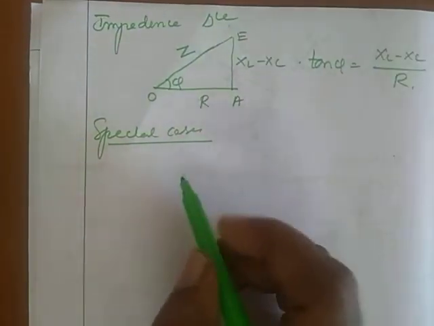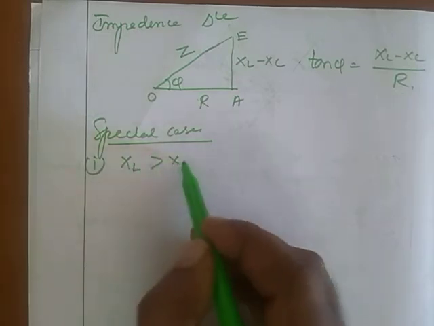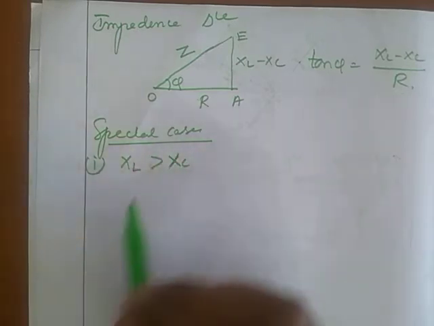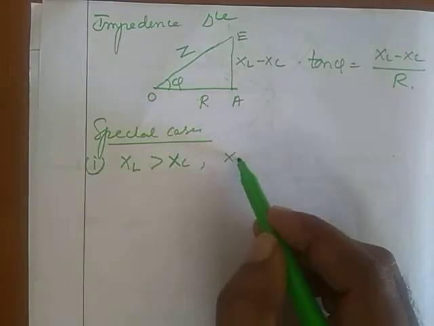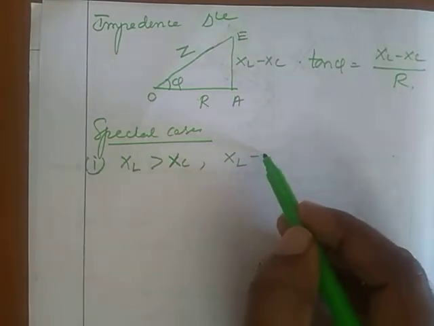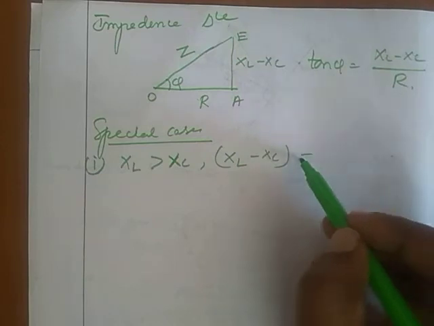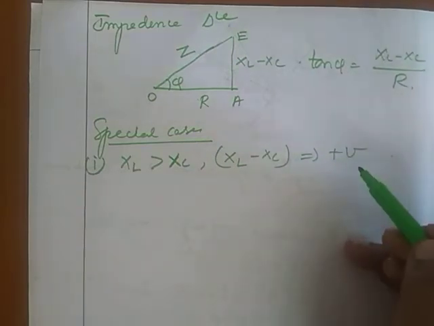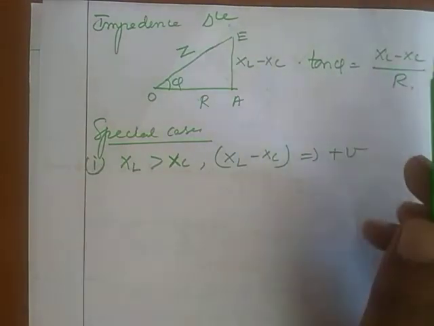Then the first case: suppose XL is greater than XC, that is our assumed case. For that case the effective voltage is VL minus VC, and XL minus XC is positive.